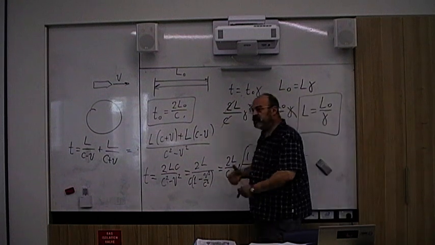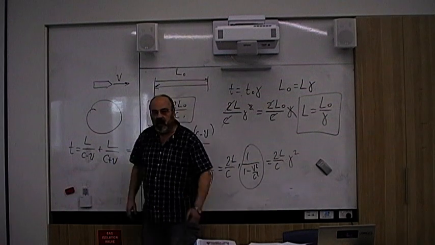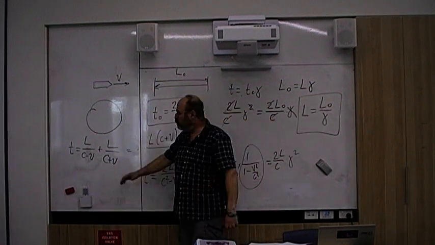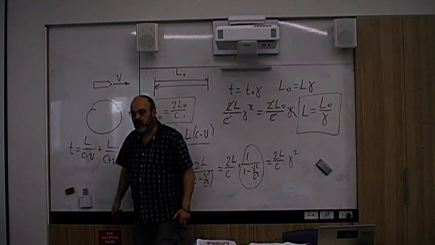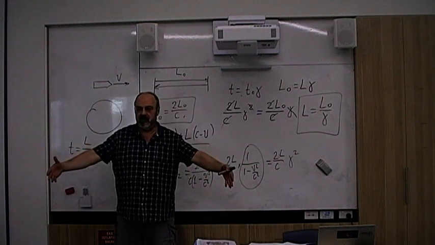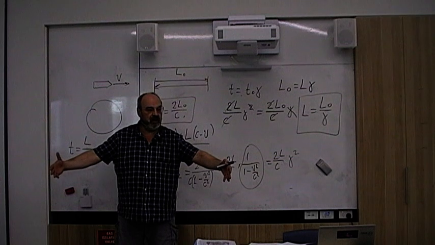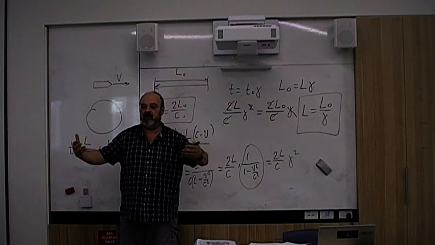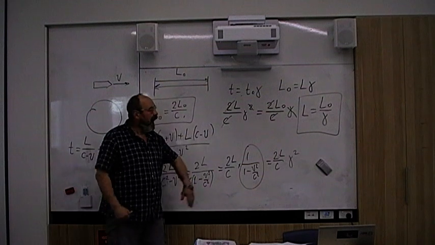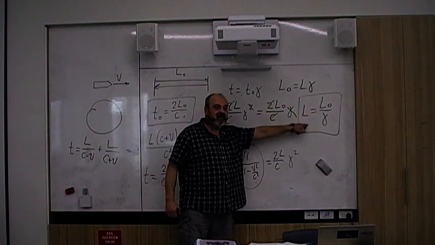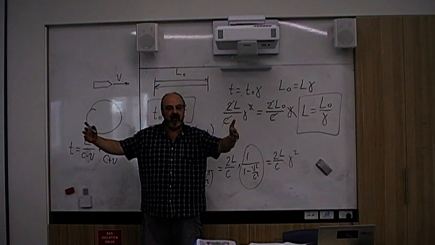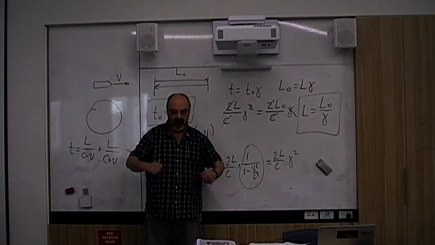Gamma is always greater than 1. So L0 is a proper length because it's measured by an observer stationary relative to the object, the length of the object which is stationary relative to the observer. And L is how long the same thing is measured if the object is moving.